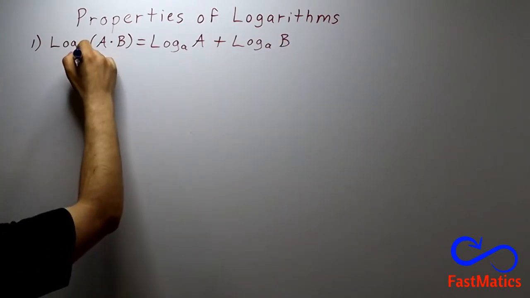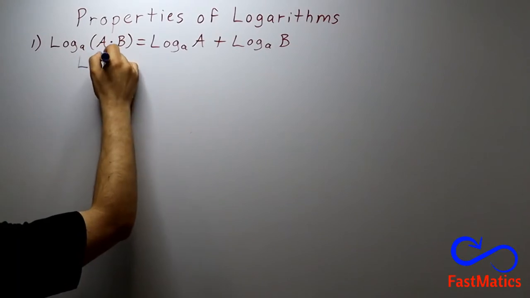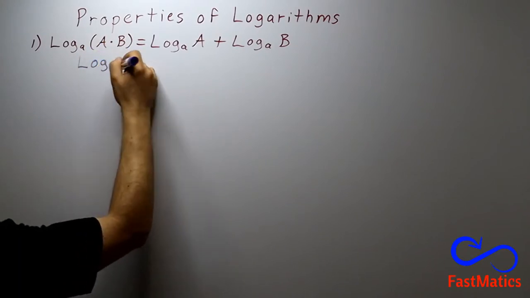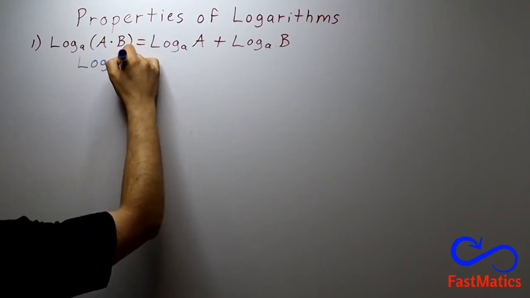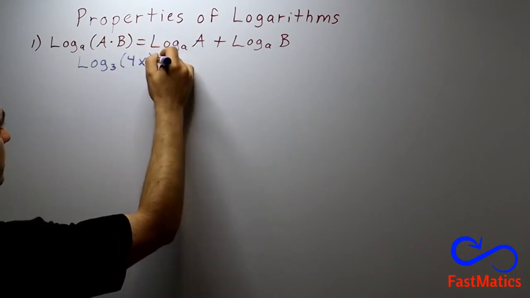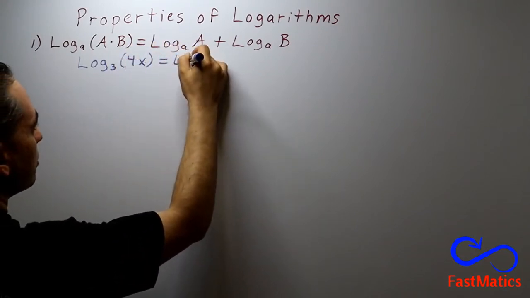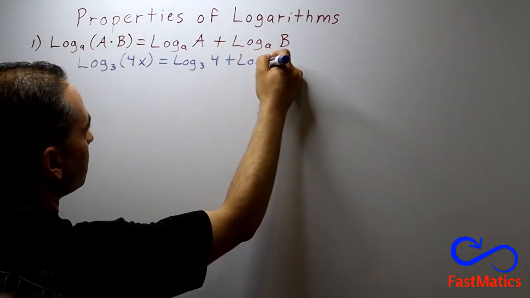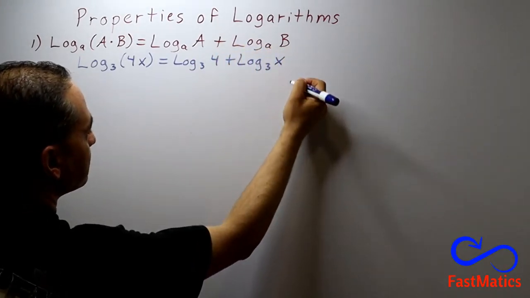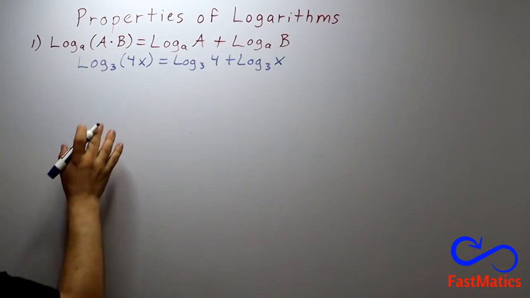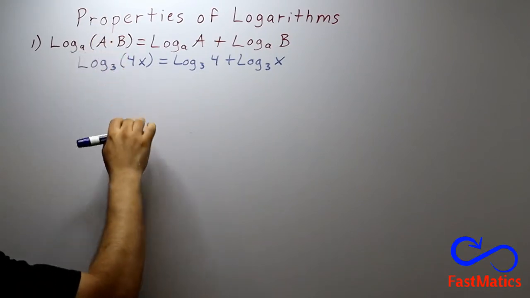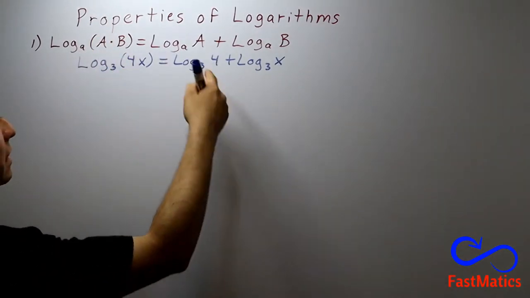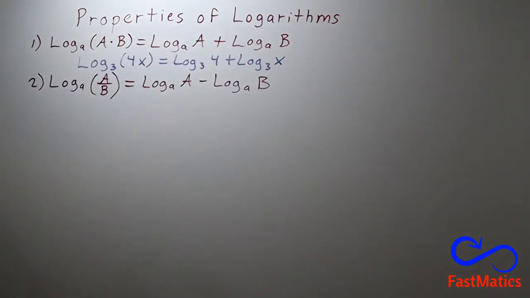For instance, log base 3 of 4x will be equal to log base 3 of 4 plus log base 3 of x. It's very important to know that the multiplication can be transformed in an addition.